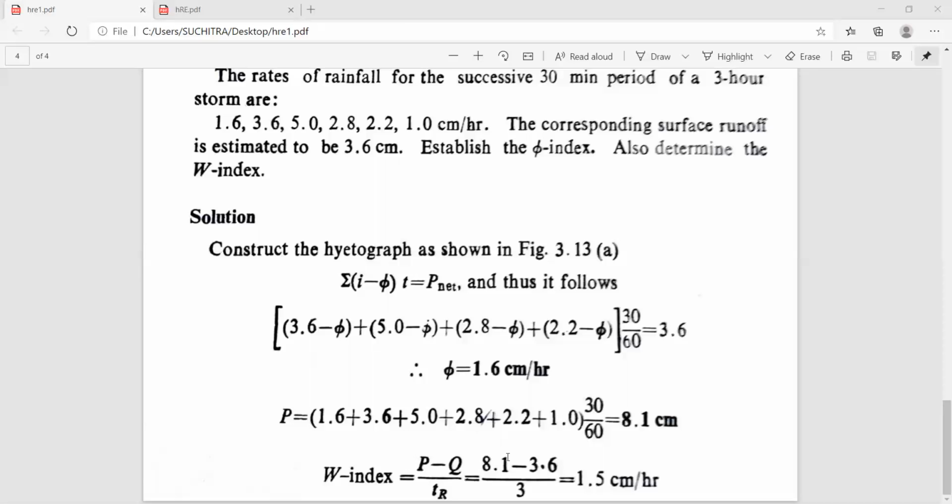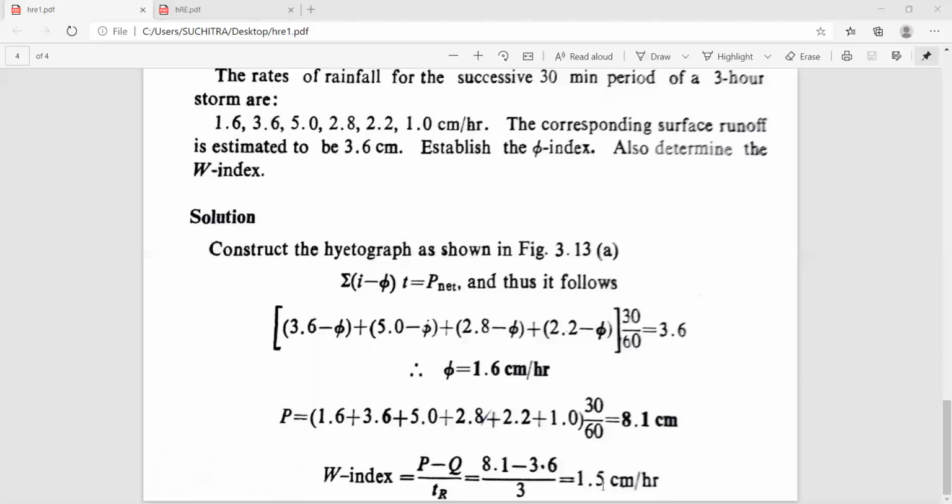The total rainfall is 8.1 centimeters, minus Q, the surface runoff. Total rainfall minus the surface runoff divided by the duration of the storm gives you the value of the W index as 1.5 centimeters per hour.